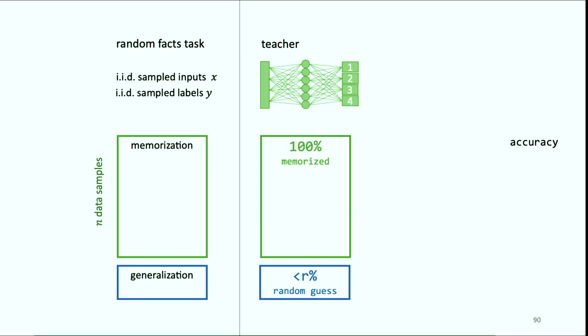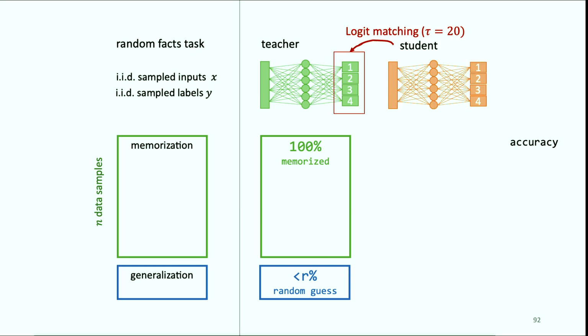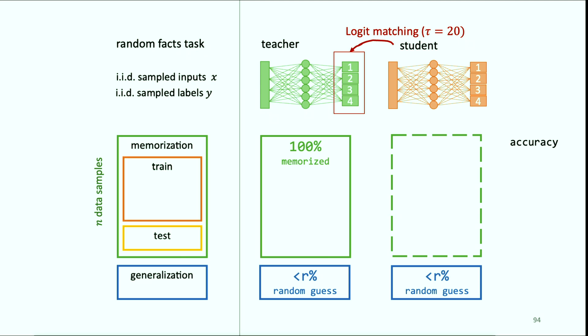There is no connection. But then when you train a student on the soft labels by matching the logits, you need to select your temperature high enough, and then you divide your memorization dataset into two parts: a teacher training set and a student training or test set.